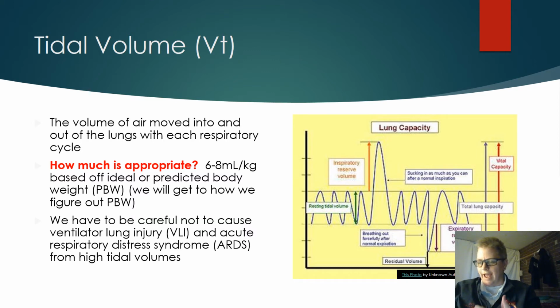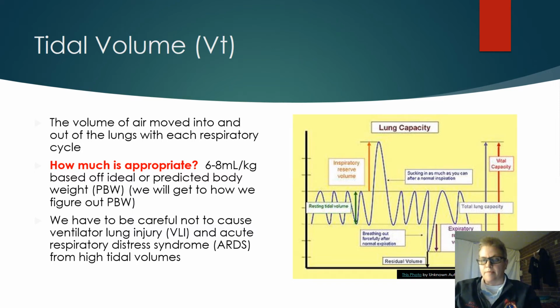So what happens with that ventilator lung injury and ARDS? What they found in animal studies is that high tidal volume overdistension of normal lung tissue causes, number one, parenchymal inflammation, so lung tissue inflammation.